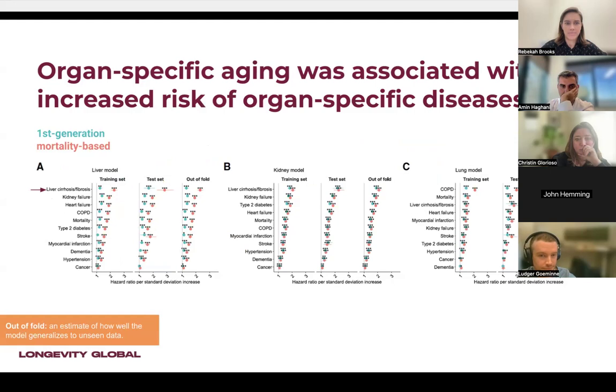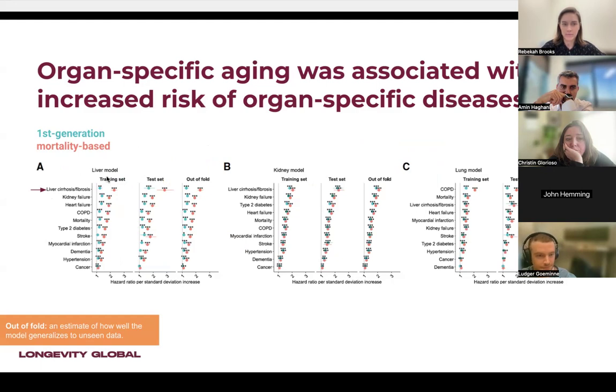So then, thinking back to one of the hypotheses mentioned in the paper, are chronic diseases manifestations of aging, I think this really comes back to that, where you can see the performance of both the first generation model as well as the mortality-based model.